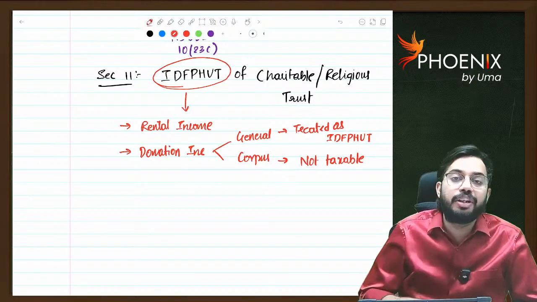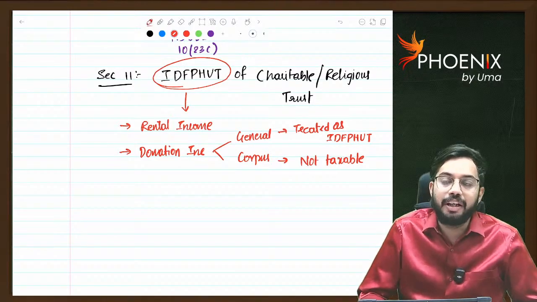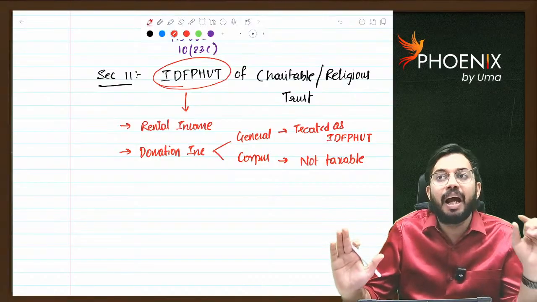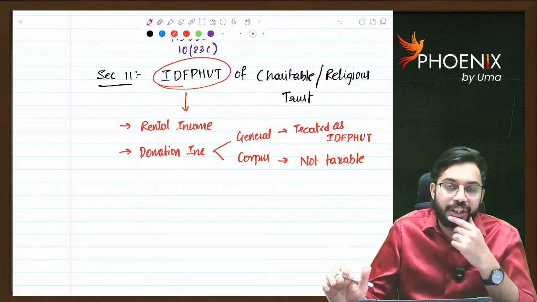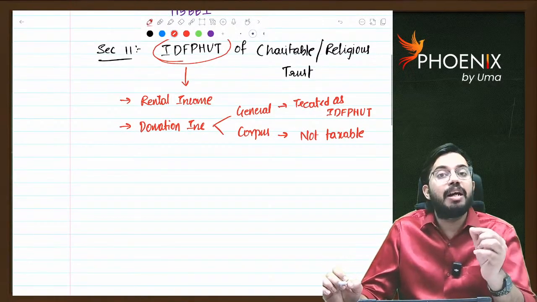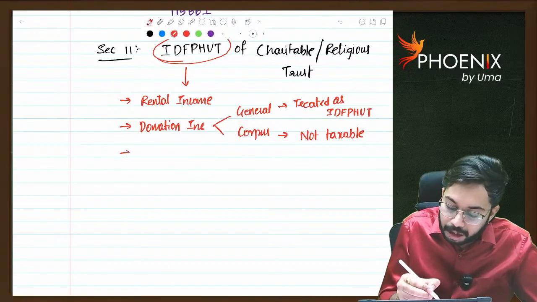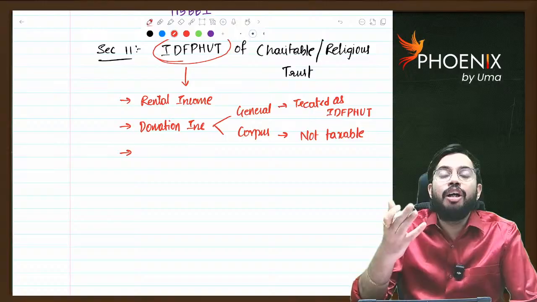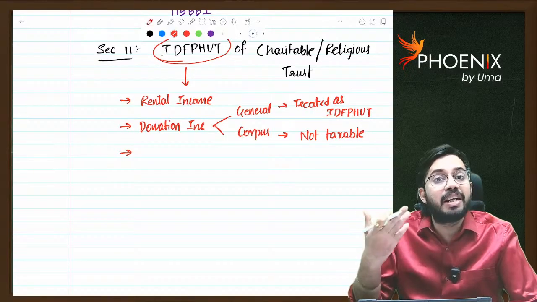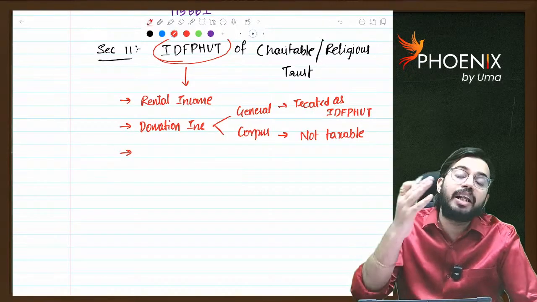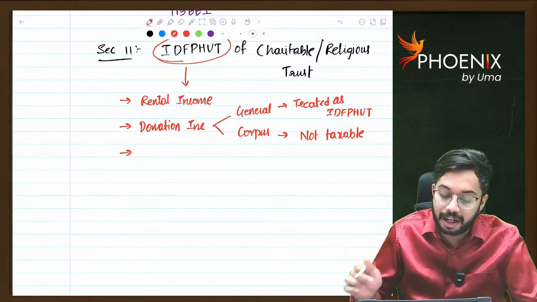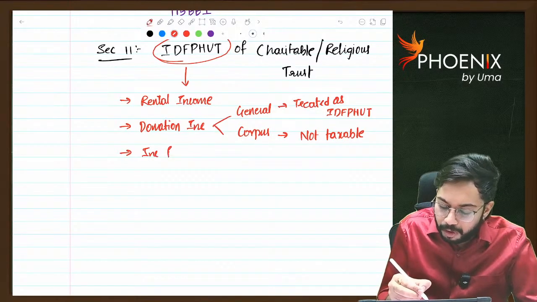Then that type of donation we call a corpus donation. So corpus donation is like a capital receipt, which is not used generally unless in exceptional situations. Income derived from property held under trust also includes income from movable assets. Let's say on shares and securities you will get interest income and dividend income. Even that income is also considered as income derived from property held under trust. So, income from movable property.